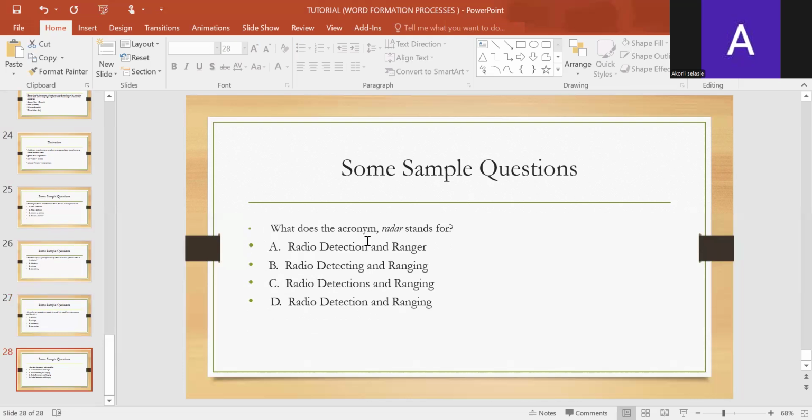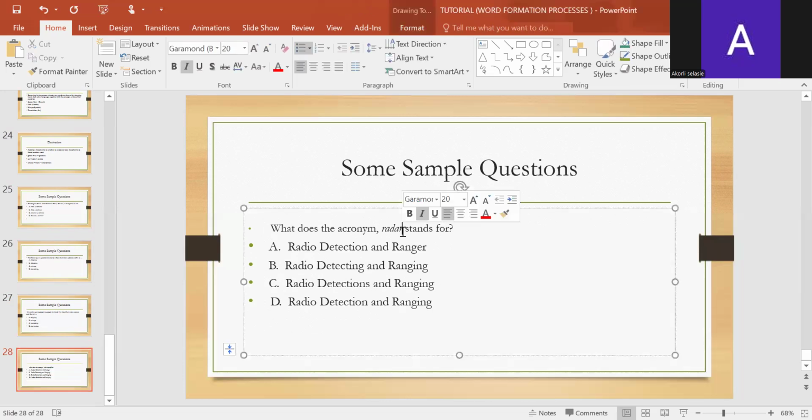What does the acronym RADAR stand for? Maybe I should put this in capital letters, I don't know. Stands for radio detection and ranging.